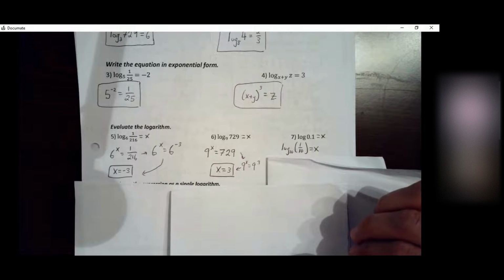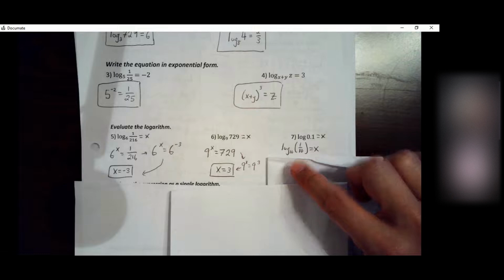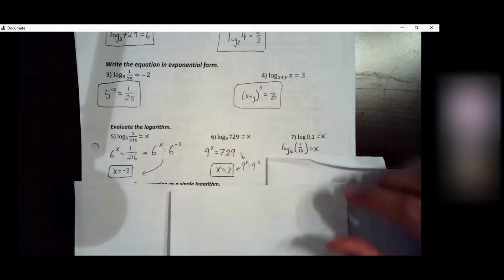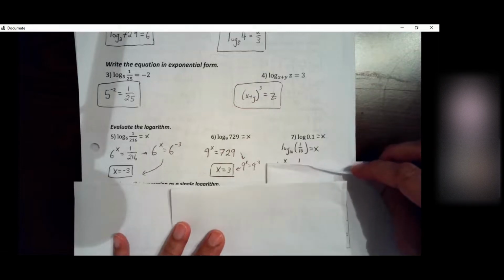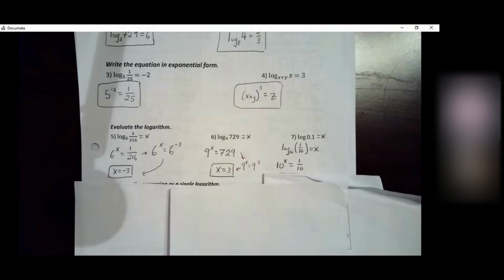I don't know what I would do here. Okay, so convert to exponential form. So that would be 10 to the x equals 1 over 10. So would I have to convert 1 over 10 to somehow be 10 to the power of something?